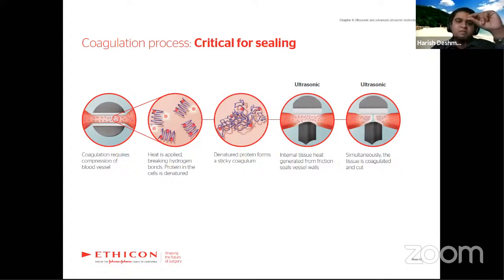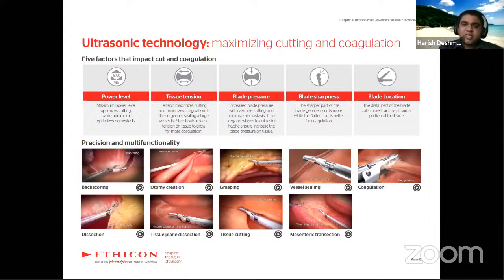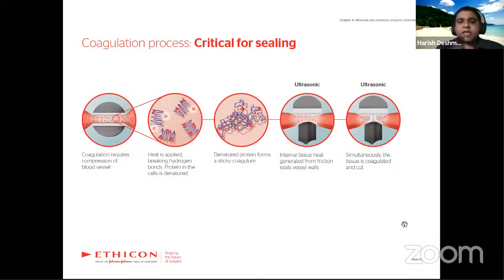Then the blade moves at around 55,500 cycles per second, which generates heat that breaks the hydrogen bonds in the protein, that is denaturation, followed by sealing of the vessels, which is the same mechanism used by the bipolars as well. But the difference in Harmonic is that it never crosses a temperature above 100 degrees Celsius.